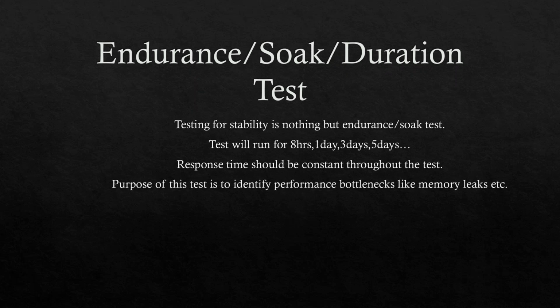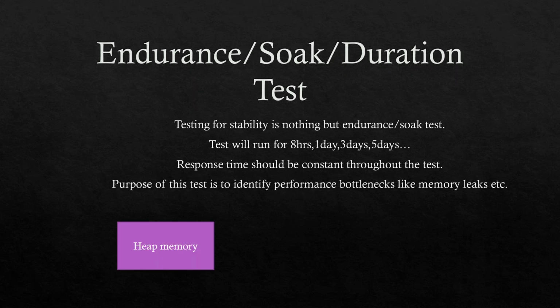So let's assume there will be some heap memory. Heap memory is nothing but RAM. While the developer is developing the application, he will create some objects, like we create objects in Java using the new keyword.